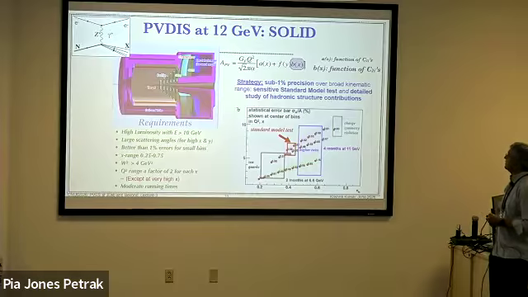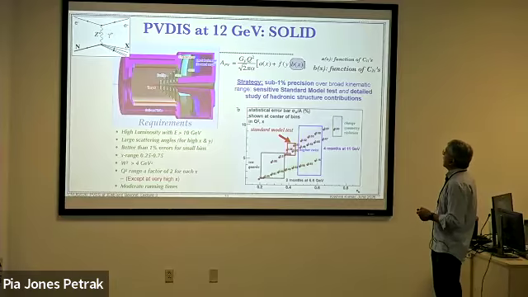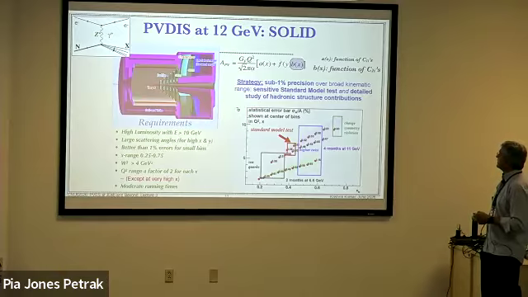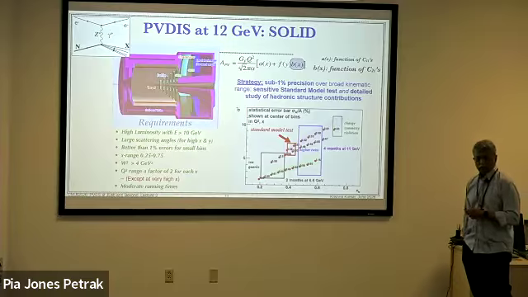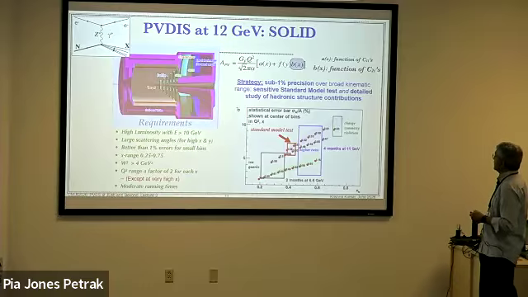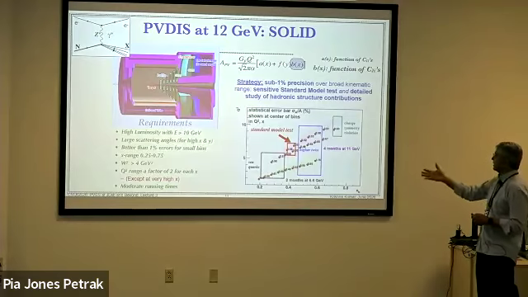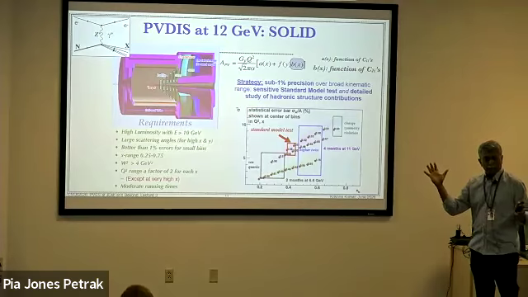Now I'm going to talk about the other future experiments. PVDIS at 12 GeV. Okay, so this is a SOLID concept. The idea is to bring a large solenoid, and then we have very high luminosity at 11 GeV. You're still looking at the same asymmetry that PVDIS measured, but now because you have this very large acceptance, you can make a series of separate asymmetry measurements just by making cuts on E prime.